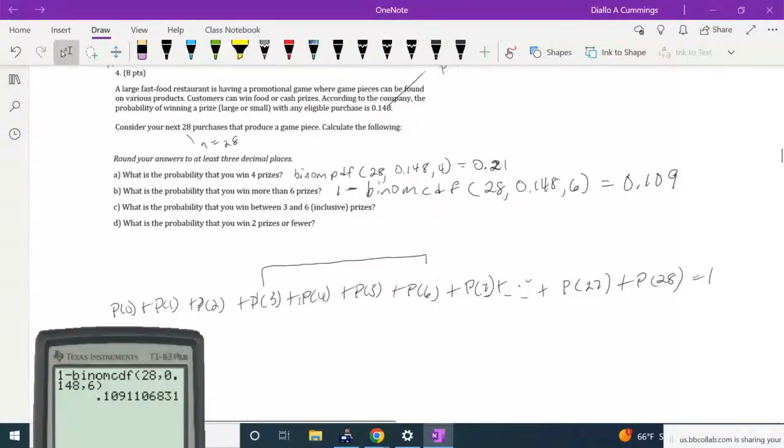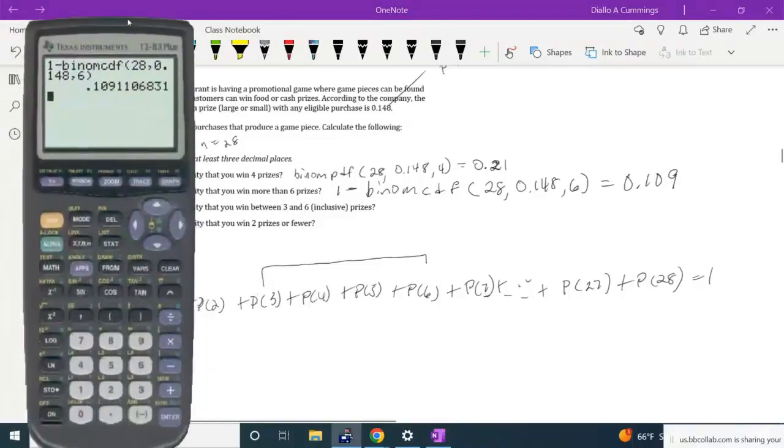With the PDF you can find these probabilities separately, for 3, 4, 5 and 6, and add them all up. I'm going to do that first, but in a roundabout way. I'm going to go into stat, edit. For my first list, I'm going to put in 3, 4, 5, and 6.